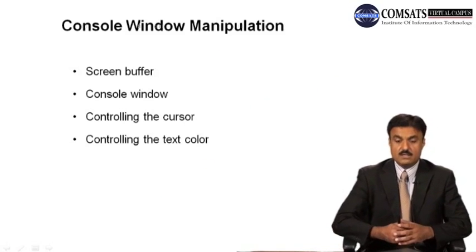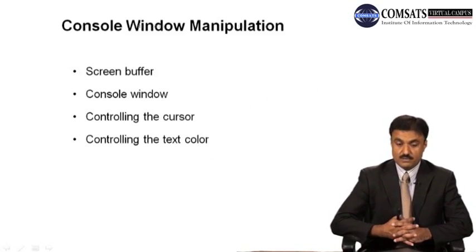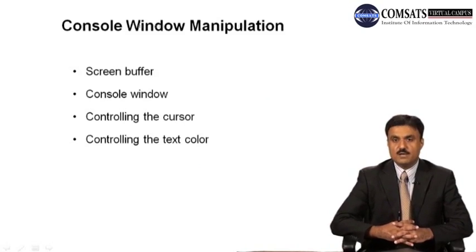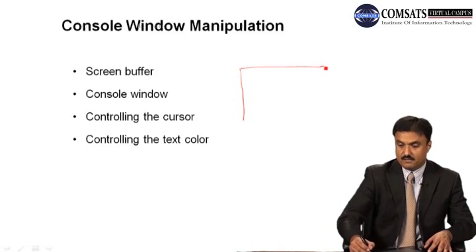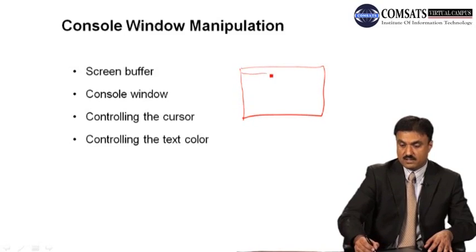The next section we are going to cover here is console window manipulation. This console window is the same black color window where you can see the text output. It has the title bar, then minimize, maximize, and the cross, and here there is simple text.